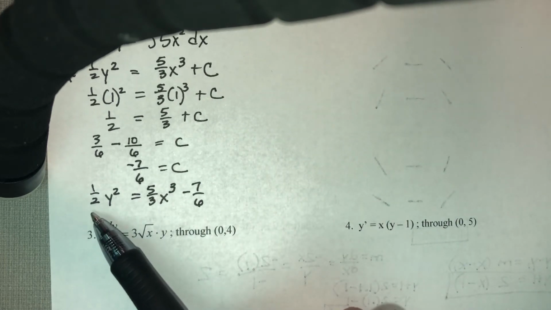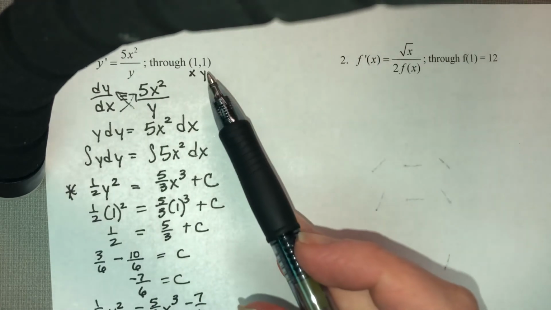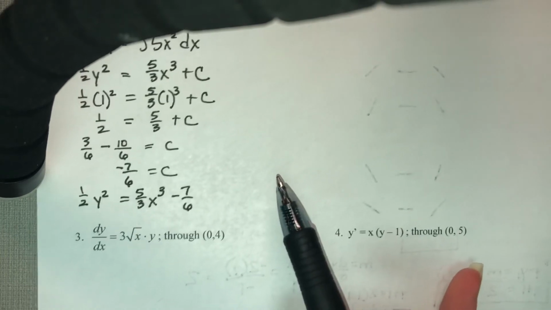So technically right now, after you have subbed in your c value, you could call it done. If you wanted to practice getting the y by itself, because they often do tell you to write y as a function of x, all you'd have to do here is multiply both sides of the equation times 2, and then take the square root on both sides. And since our point has a positive y value, we would want the positive root only. All right, so that one is done.